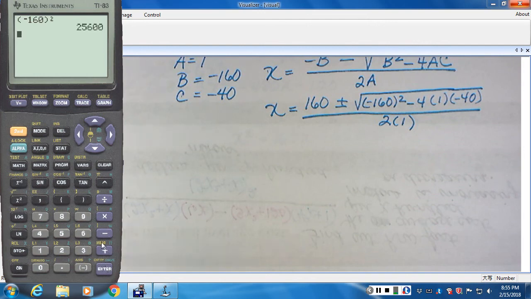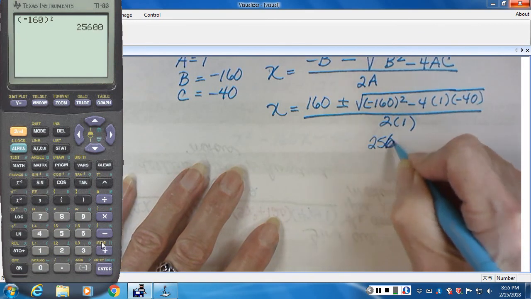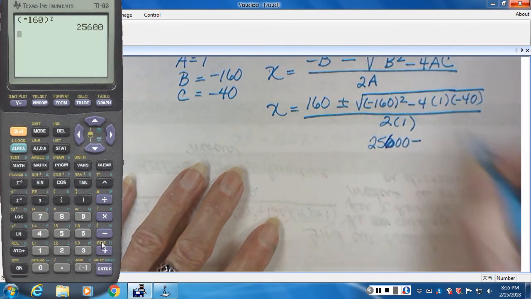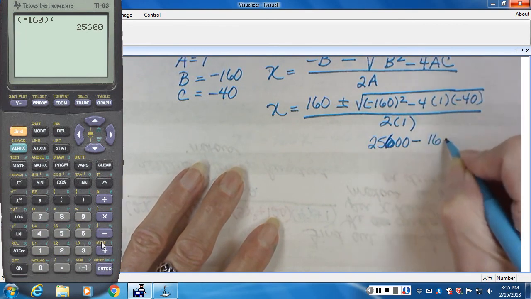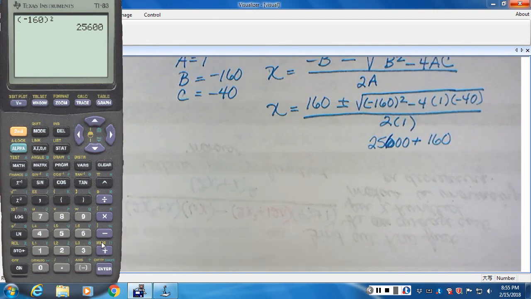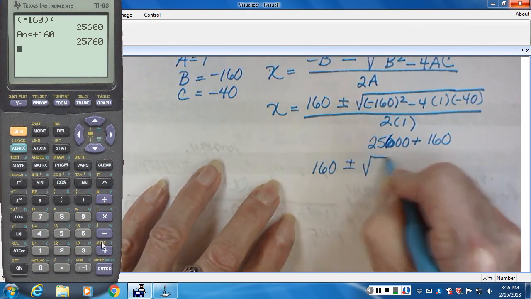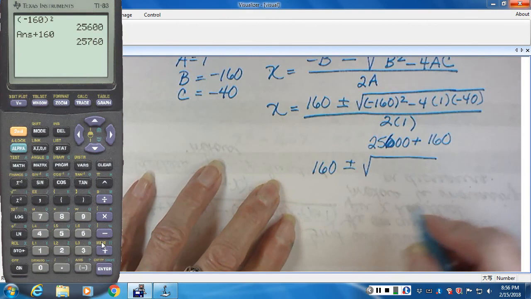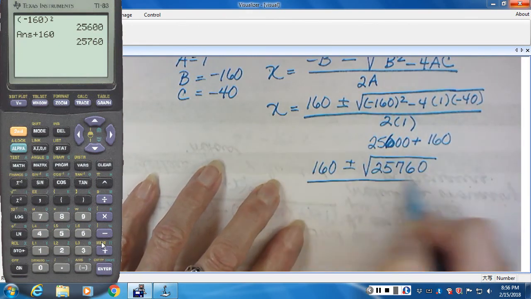That's 25,600. And 4 times 4 is 16, and the 0 makes 60. So 4 times 1 times 40 is plus 160 because negative times negative is positive. So I have 160 plus or minus the square root of 25,760, over 2.